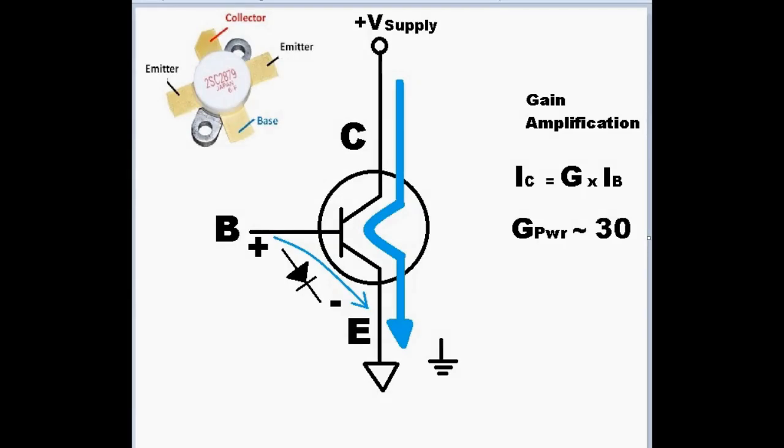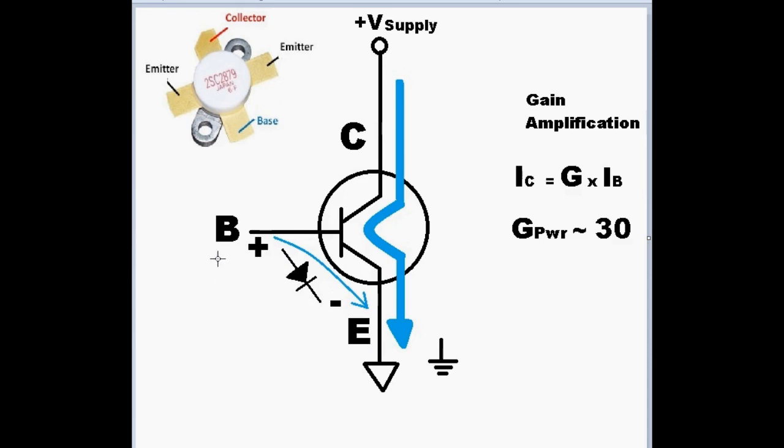Okay, so here we see a diagram of the basic amplifier transistor, the classic NPN bipolar. We see a picture in the upper left there, the 2SC2879, and we can see our old friend, the diode, as shown from the base to the emitter.